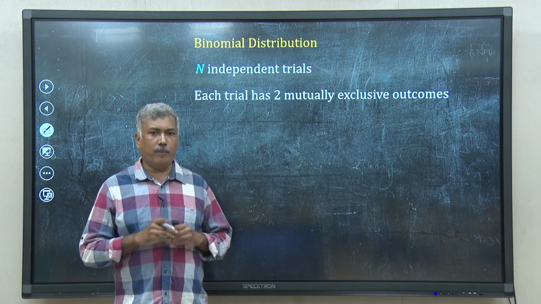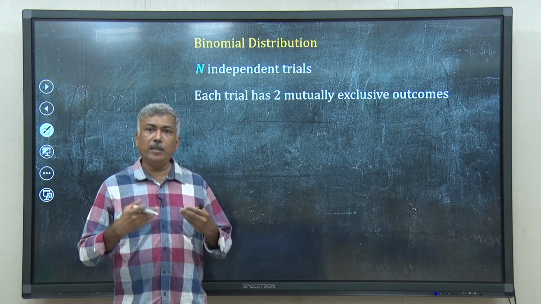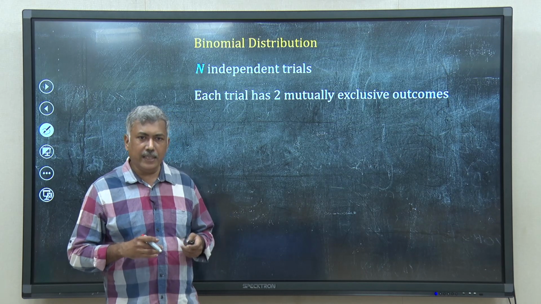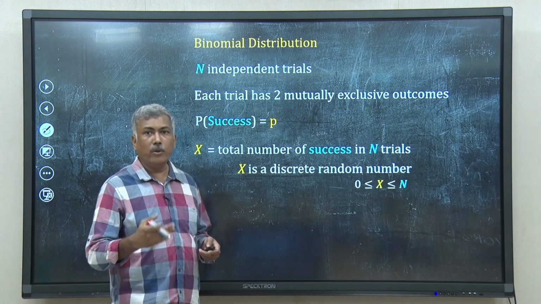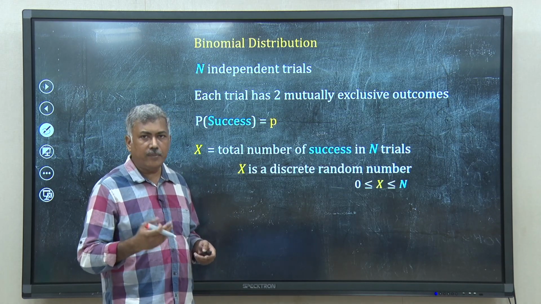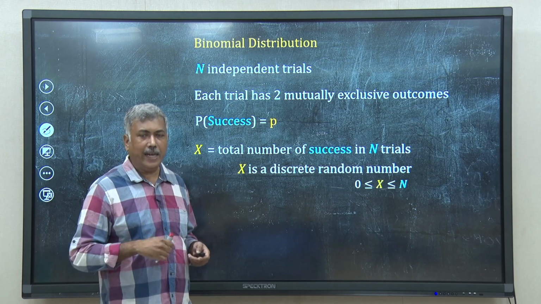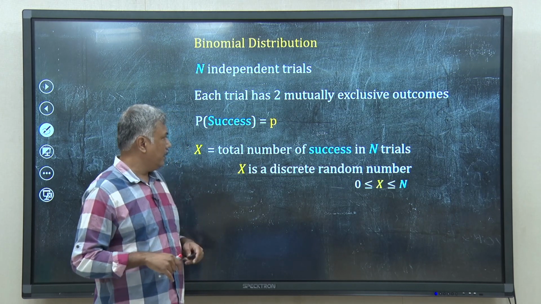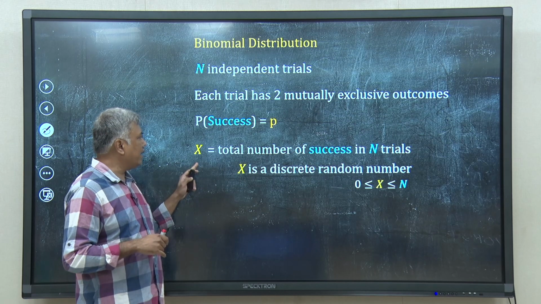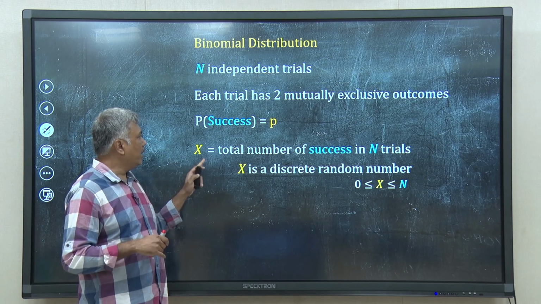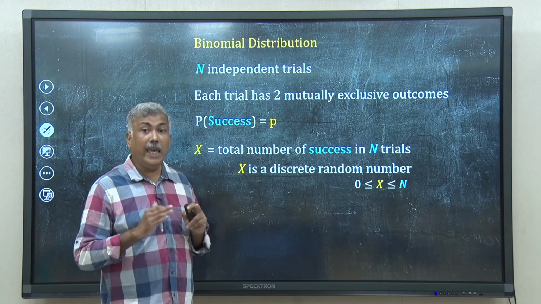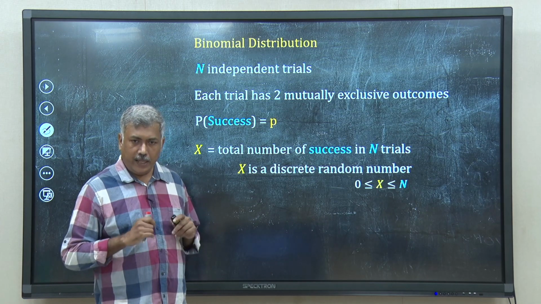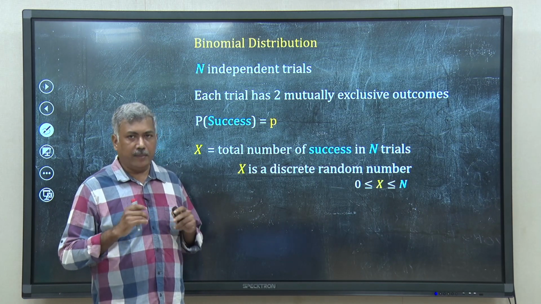If I have this type of problem and I have done n independent trials, and suppose the probability of success, probability of death, probability of getting head, probability of getting 1, something like that is equal to p, then suppose x is a random variable that represents the total number of successes in n trials, right. So, x is a discrete random variable.